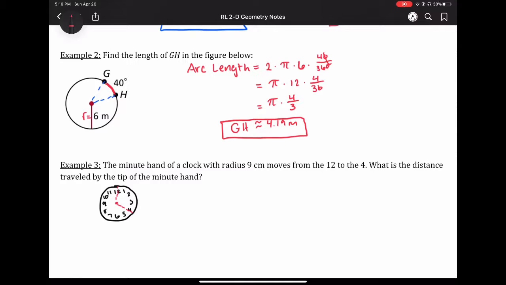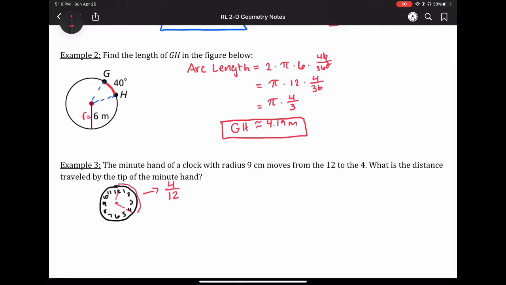So it's going around 1, 2, 3, 4 spaces out of the total of 12 spaces. So the fraction that we are working with is 4/12.